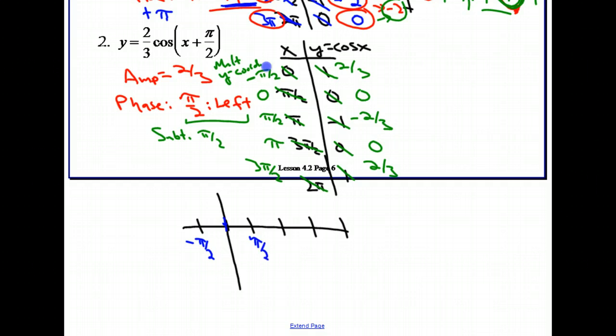We've got a pi halves, a pi, 3 pi halves. That looks good. Then our cosine goes up to 2/3. So maybe we just want to say, look, put a tick mark and say, look, that's 2/3. Say, look, that's negative 2/3. Something like that.